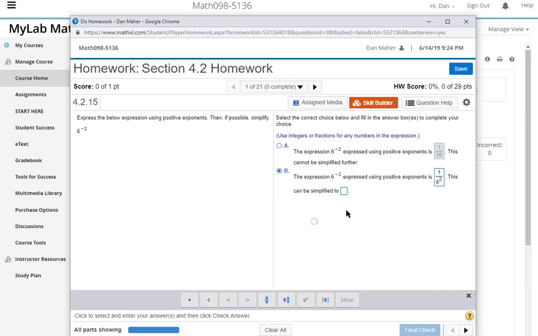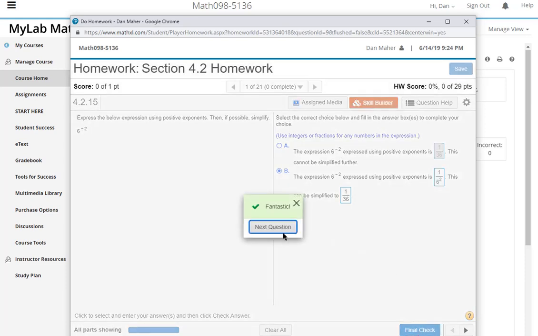Which then could be simplified to 1/36. Let's see if I got it right that way. And hopefully you don't ever have to take that much time on a simple problem like that. So, but you'll get used to how to interact with that.